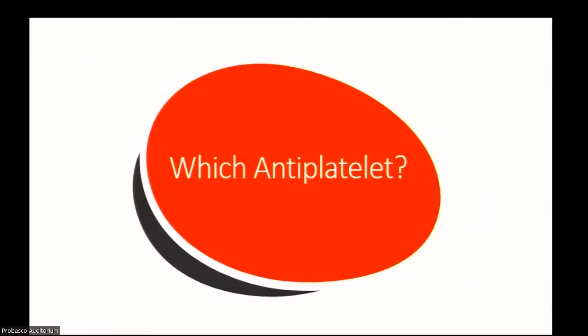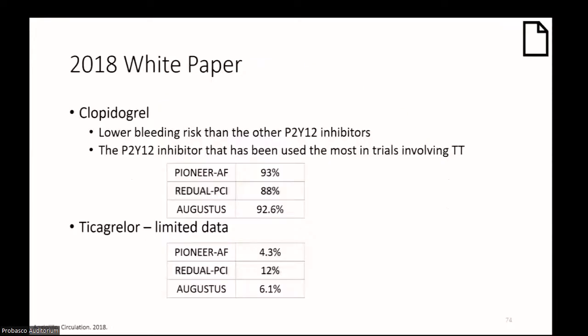Lastly, which antiplatelet? So going back to that 2018 white paper, there's not many trials to look at this question as compared to the other questions. However, this paper does make some recommendations. I will caution it is not representative of a guideline because it's not endorsed by a Cardiovascular Society.